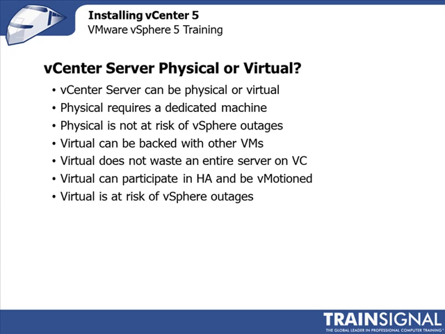Make it into a virtual machine. In environments where you have 20, 30, 40, hundreds of ESX hosts, it becomes difficult, if the environment goes down or if vCenter goes down, to figure out which ESXi host vCenter is on. You would have to log into each one of them manually to reboot it or power it on. So what you do is you create an affinity rule within Virtual Center to say that I want my Virtual Center virtual machine to only exist on 3 of the hosts in my cluster.